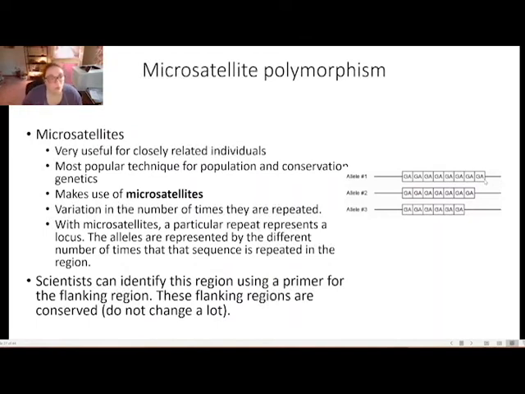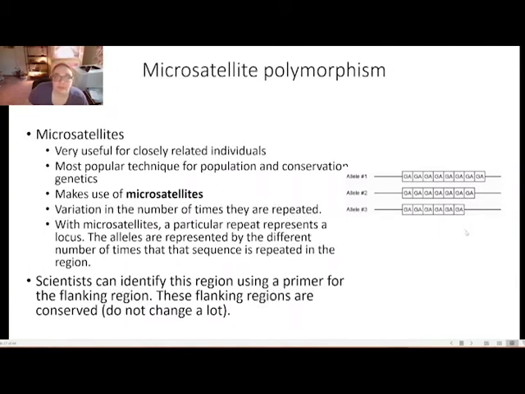With microsatellites, a particular repeat represents a locus. So this is your locus, and the alleles are represented by the number of times that each sequence is repeated. So these will be 3 different alleles, even though they're all repeats of GA, there are different numbers.